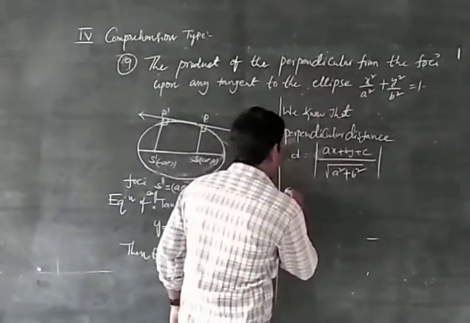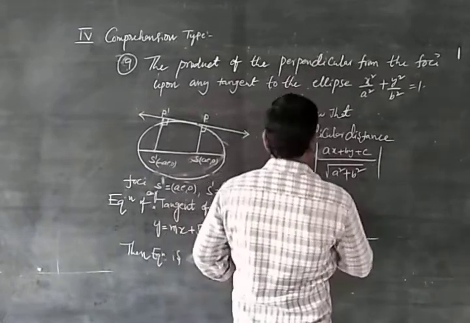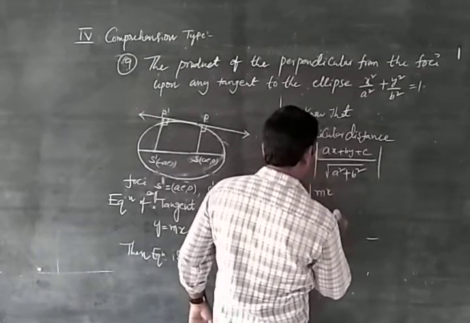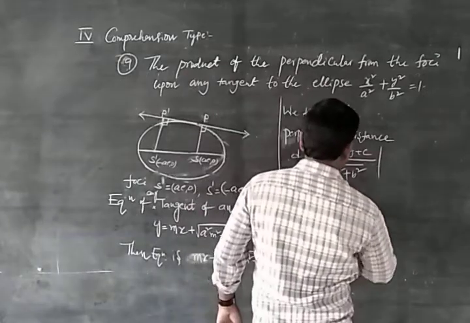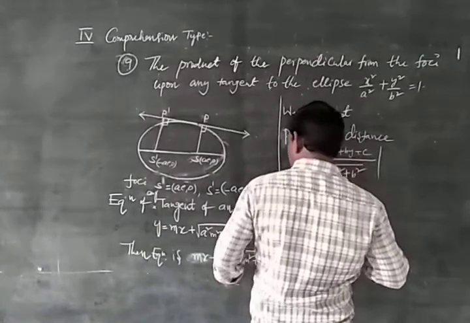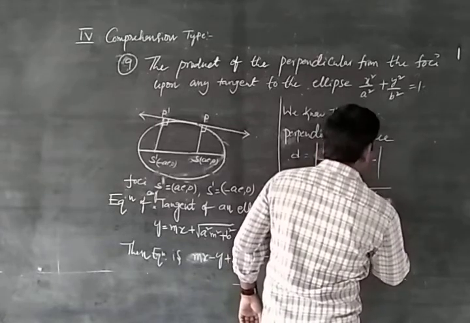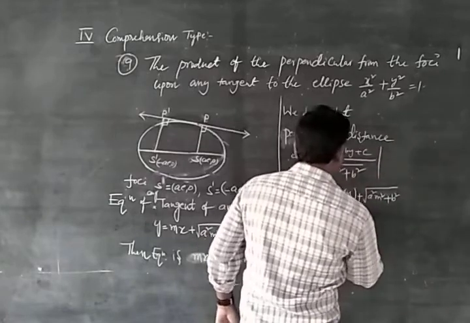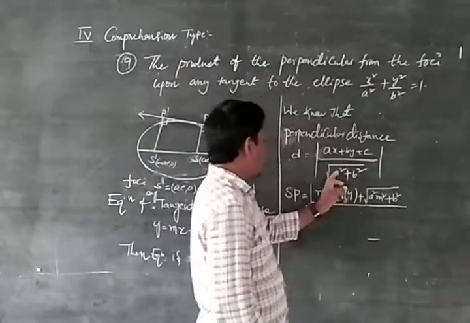Now SP equal to mod of mx minus y plus root of a square m square plus b square, by root of a square plus b square.